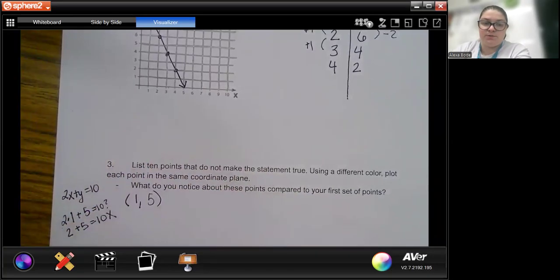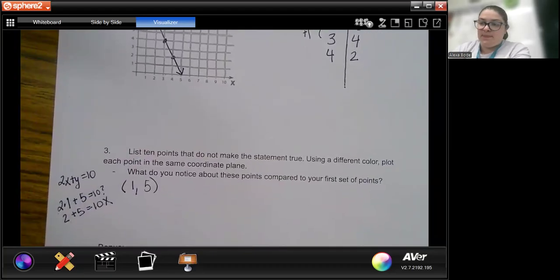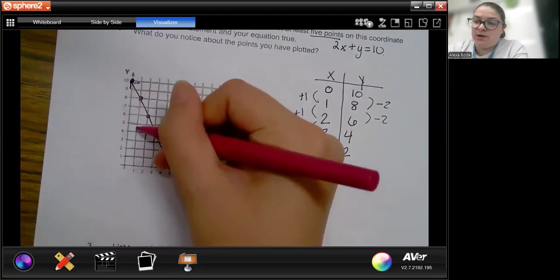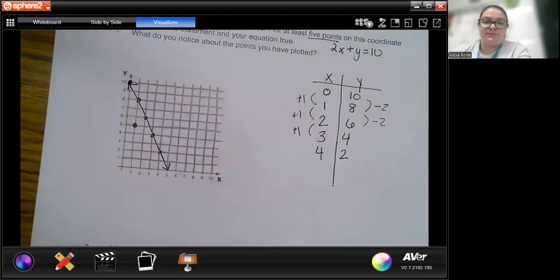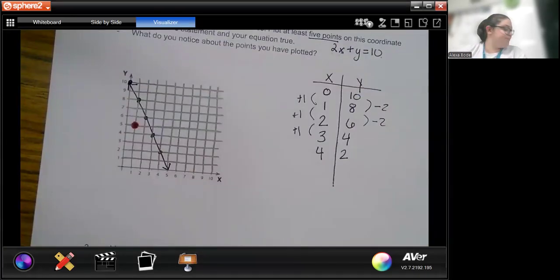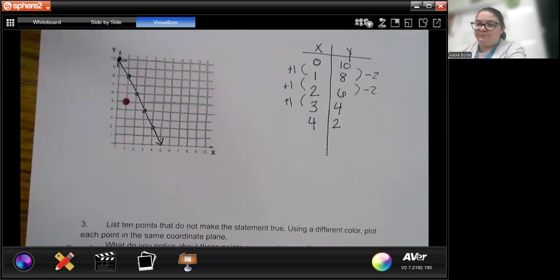That does not work. So if I plot 1, 5 in a different color, 1 up 5 is right here. I'll switch to my green or something.